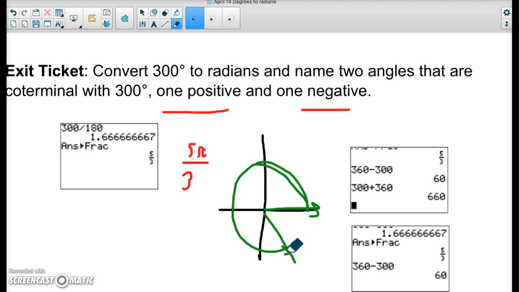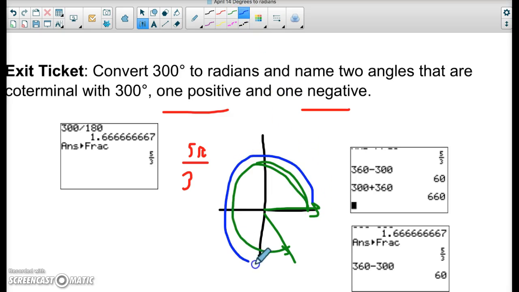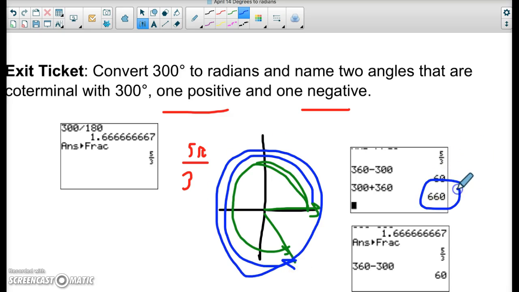It wants one positive and one negative. For a positive, I can just do one complete circle, 360, plus the 300. So I get 660 degrees as a positive angle that is coterminal to 300.